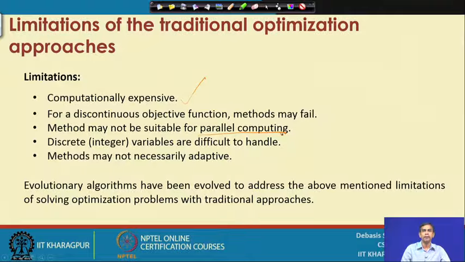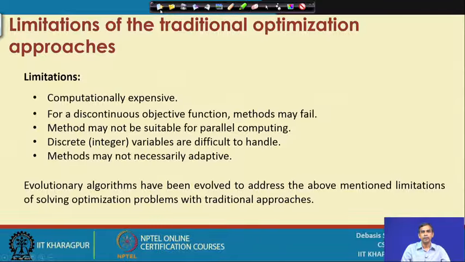If the input parameter type is different, say earlier it was integer and now it is real, then it cannot be applied. So, they are not adaptive. Adaptive means if the environment changes, the input changes, or the input parameter type changes, then the traditional approach is not easy to adapt.